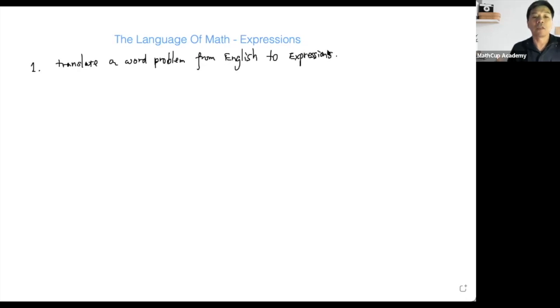And often the word problem talks about certain relationships, mostly in equalities. So then you have equations to work with. And the second step of solving a difficult word problem is to solve those equations.